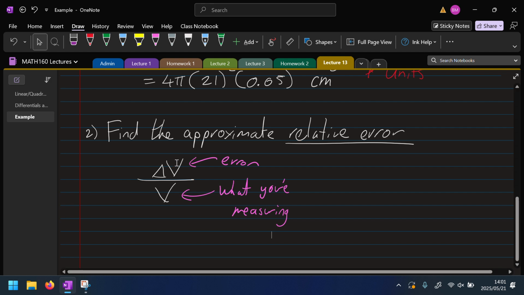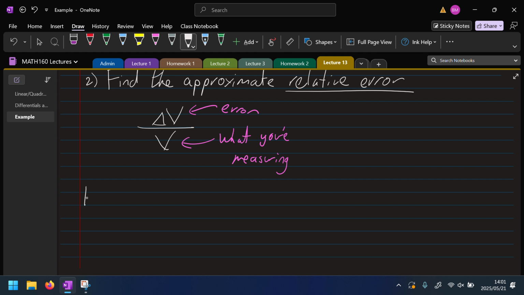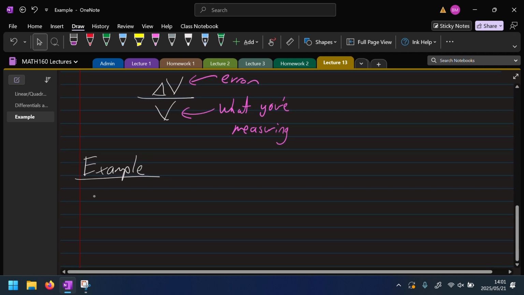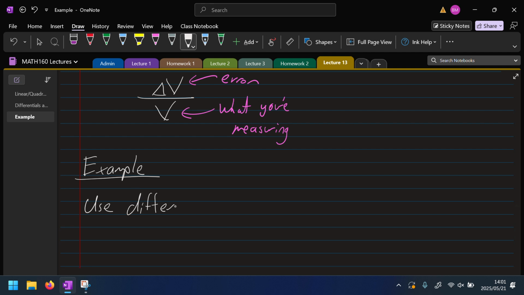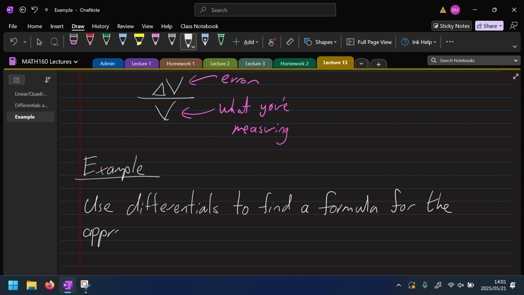Okay. Last example for today. Use differentials to find a formula for the approximate volume. All of these questions will be approximate volume or approximate area or anything like that.